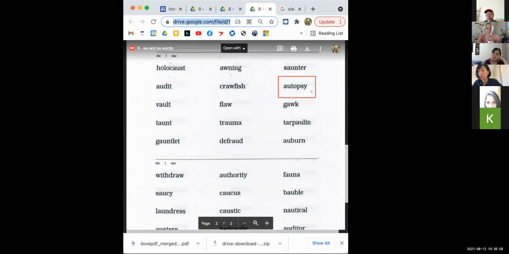Okay. And tarpaulin? Tarpaulin. That's another word. We usually use the part tarp. Tarp is like plastic fabric that you use normally outdoors. Tarp, tarpaulin.